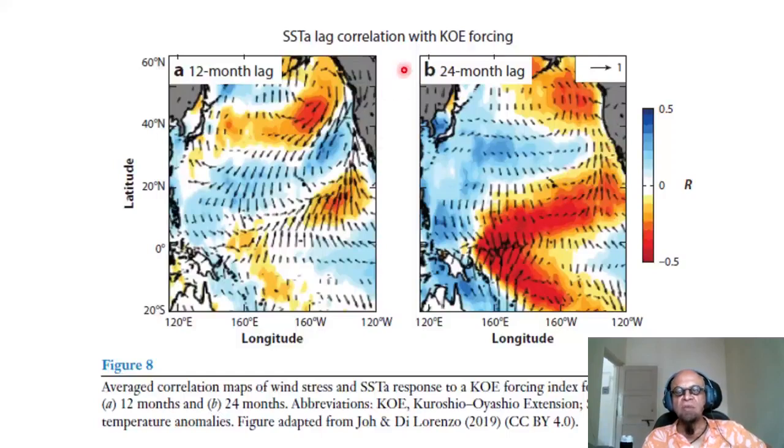So you can go back and see what these are in the context of the Pacific decadal variability, but basically we are again talking about NPCP mode, KOE mode, their interactions, and the lags that we are talking about in terms of the SSTAs with KOE forcing. So Rossby waves go westward, and then you can have atmospheric response that is bringing it eastward, let's say, and so on.